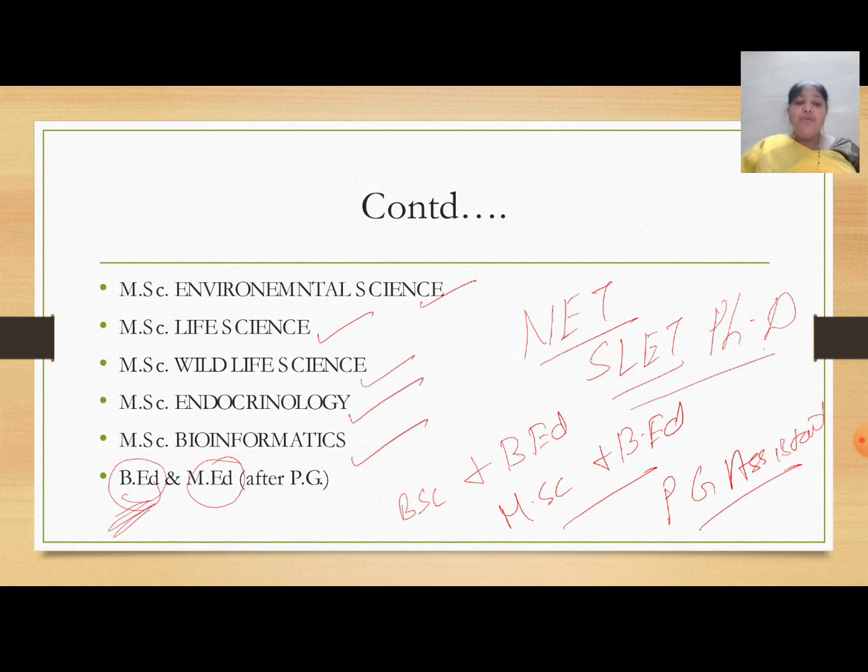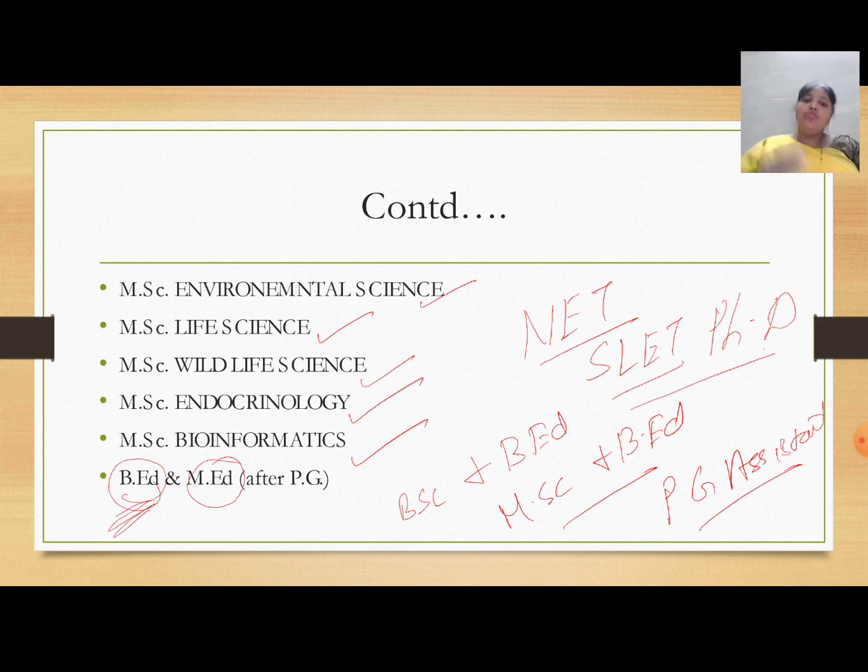But before that, the criteria is BSc, MSc in the same field. You cannot do BSc Zoology and MSc Endocrinology and think of a job in the Zoology department. You can think of a job in hospitals or hospital related colleges as an endocrinologist, as a microbiologist if you do MSc Microbiology.